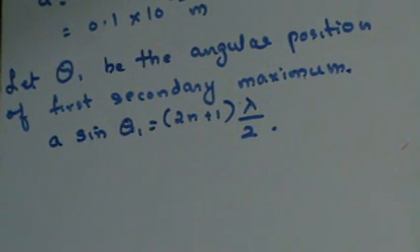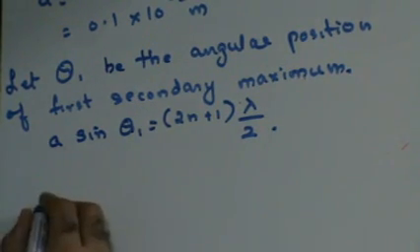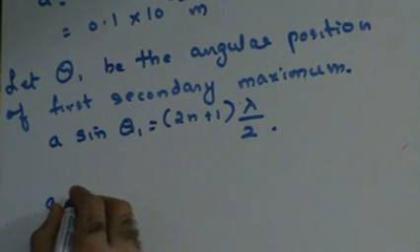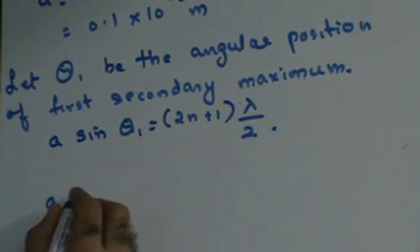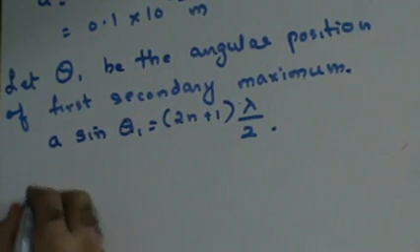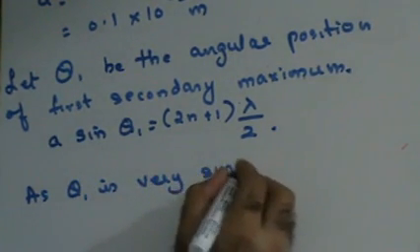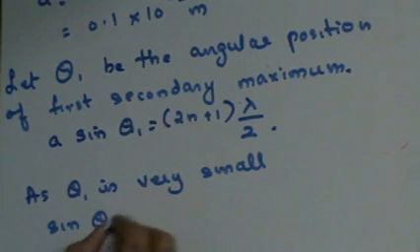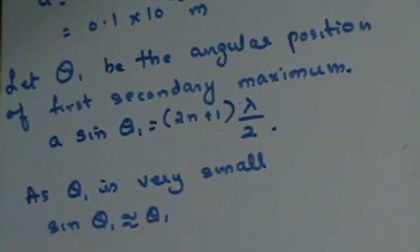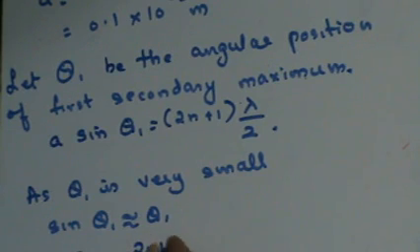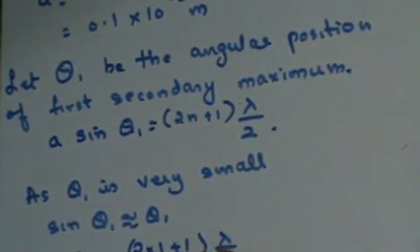Since theta is very small, sin theta 1 will approximately be equal to theta 1. Therefore, a theta 1 is going to be (2 into 1 plus 1) into lambda by 2.